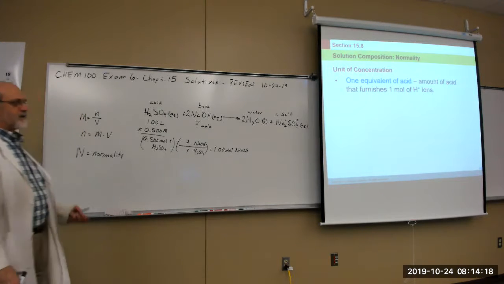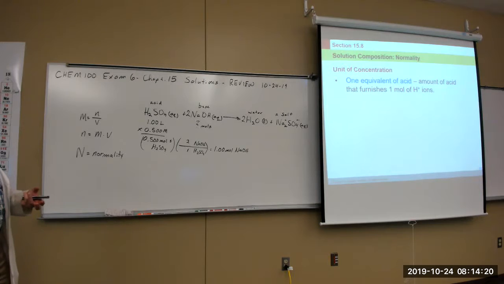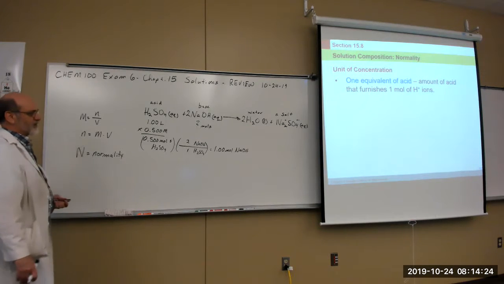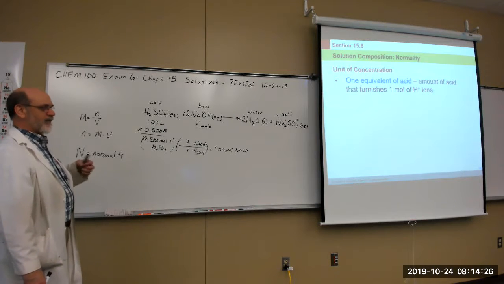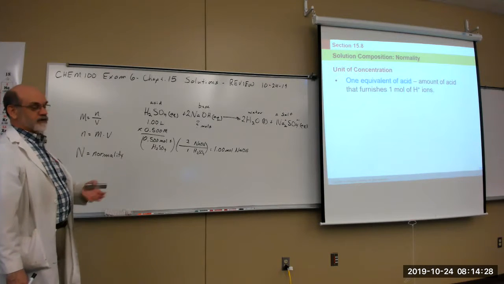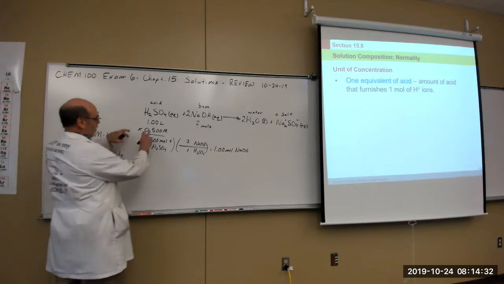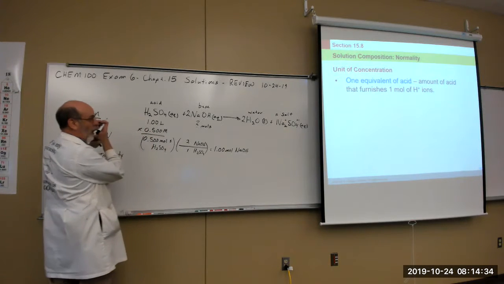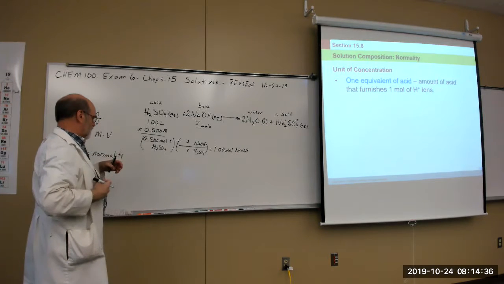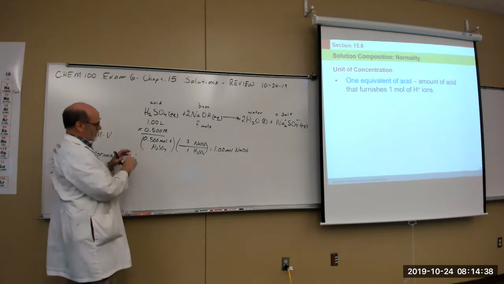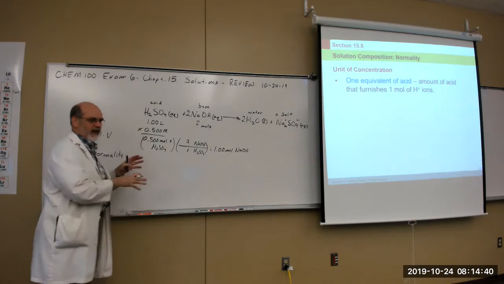First, we need the concept of equivalent. What is an equivalent? One equivalent of acid is that amount of acid that furnishes 1 mole of protons. So what's an equivalent of sulfuric acid?